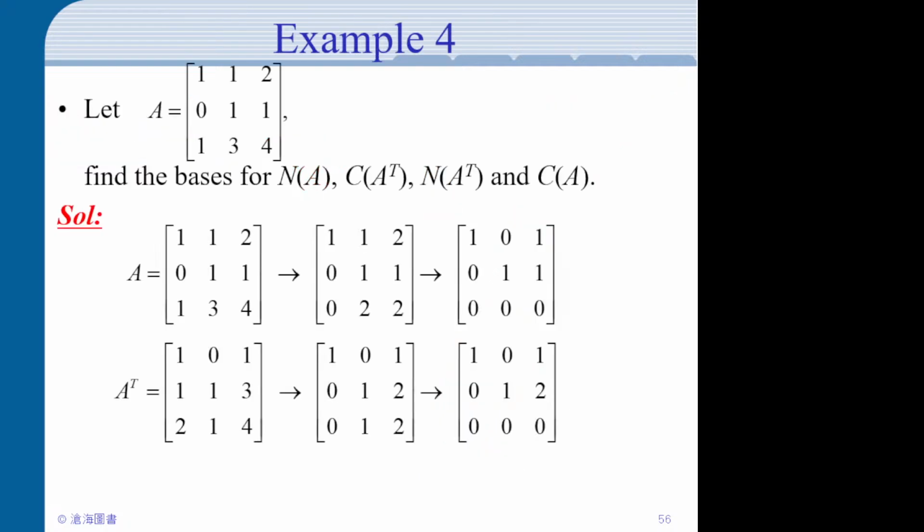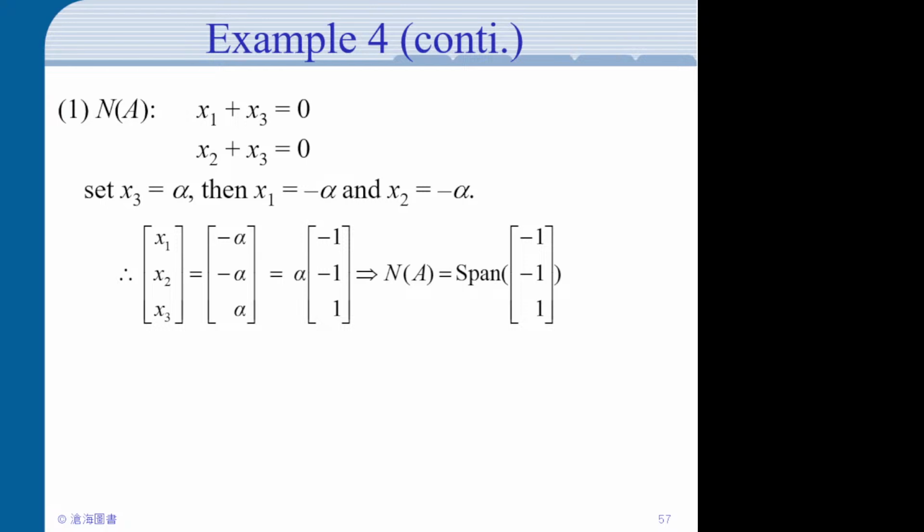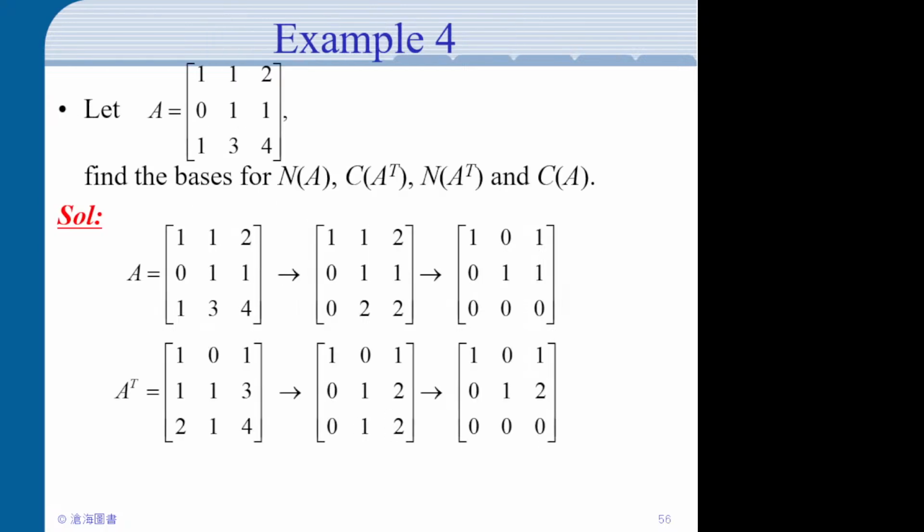And anyway, let's go back to some calculation. This is something that we already know how to do before the midterm, and let's do this once again. So I have A, and we want to find a basis for a whole bunch of spaces: the null space and the column space of A, and the column space of A transpose and the null space of A transpose.